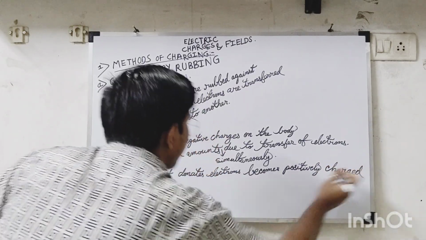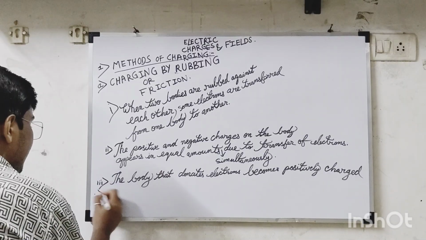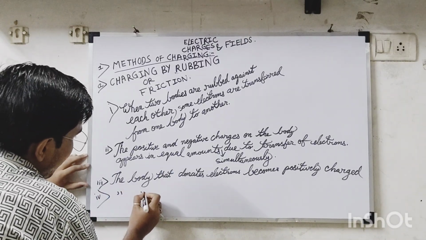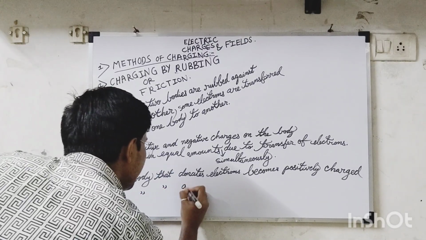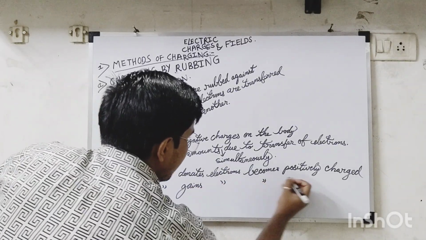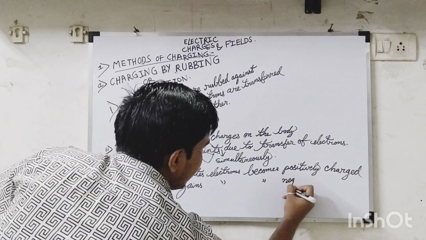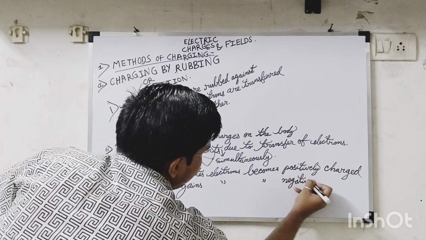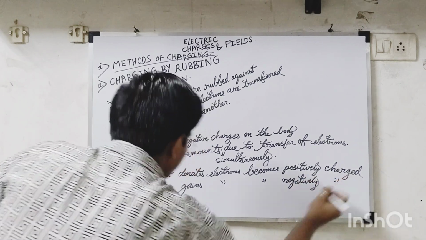What is the next point? Simple. The body that gains electrons becomes negatively charged. Simple.